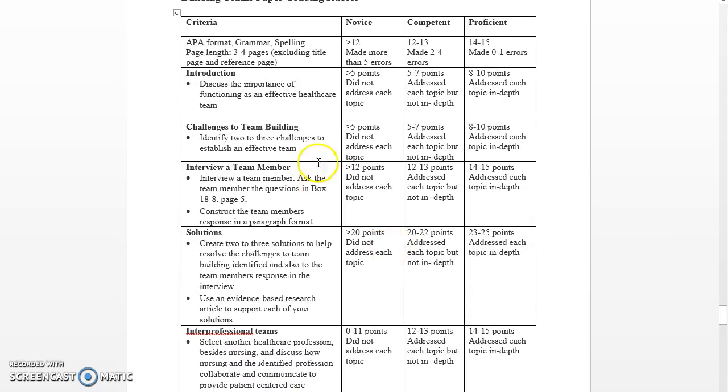You have an introduction and challenges to team building, and that could be thinking about working with the people you currently work with at your place of employment, or, if you want to think in general, just what are the challenges to working with a team. Then make sure you take a little bit of time, because you're going to interview a team member, and that can be anyone on your unit that you work with.